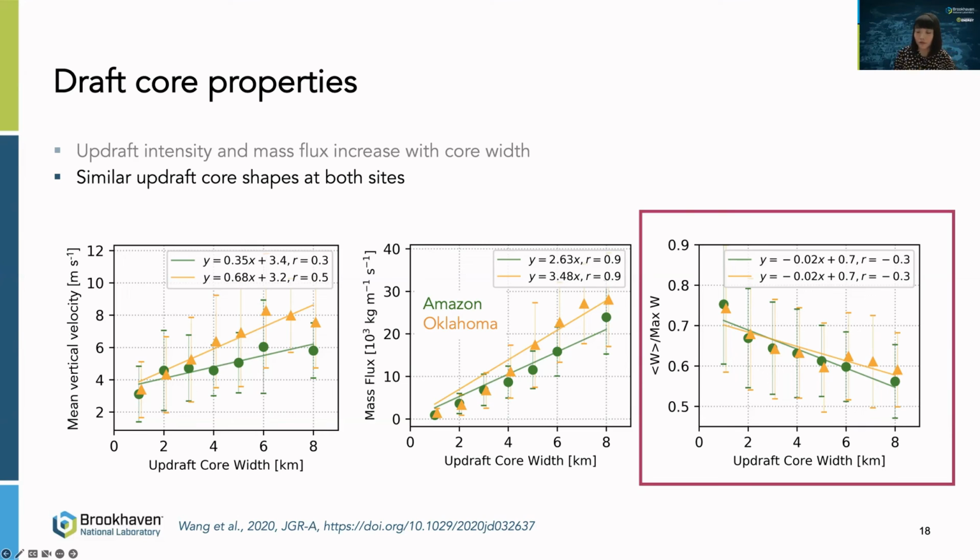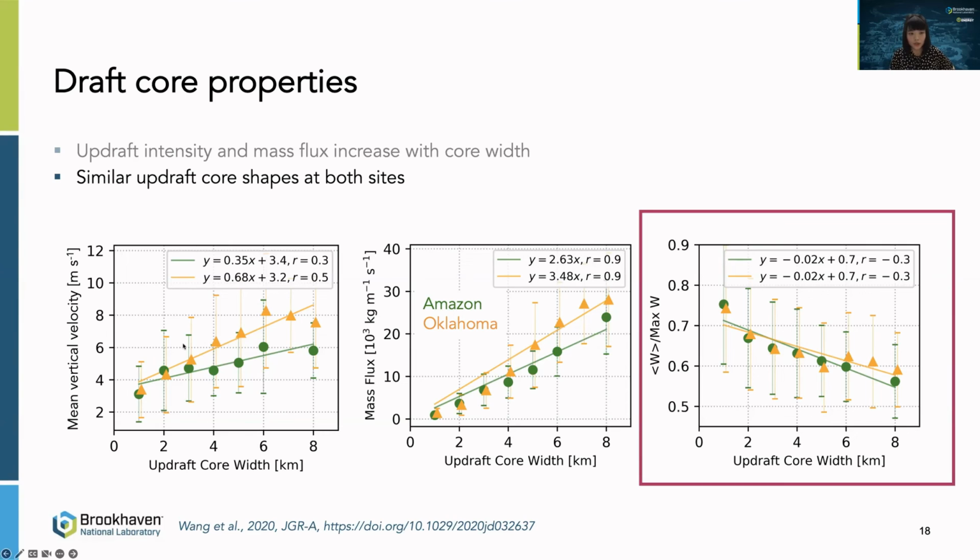So to answer your first question here, yes, there is uncertainty. This is not a very significant coefficient, but it shows you the trend in the vertical velocity versus core size, and yes, there are uncertainties related to these radar wind profiler measurements.